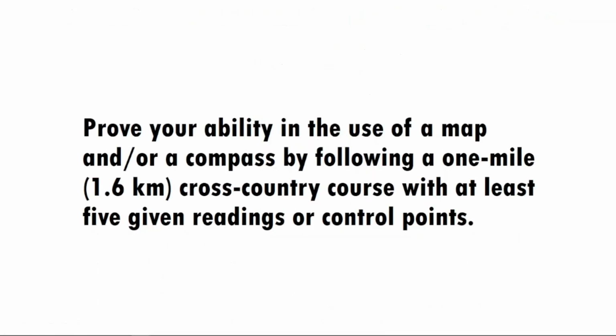Okay, now for practicals, it says, prove your ability in the use of a map and or a compass by following a 1 mile, which is 1.6 kilometer cross-country course with at least 5 given readings or control points. What does this mean?